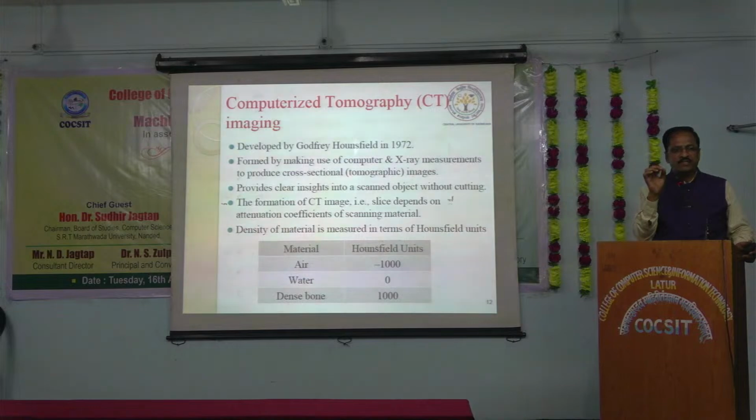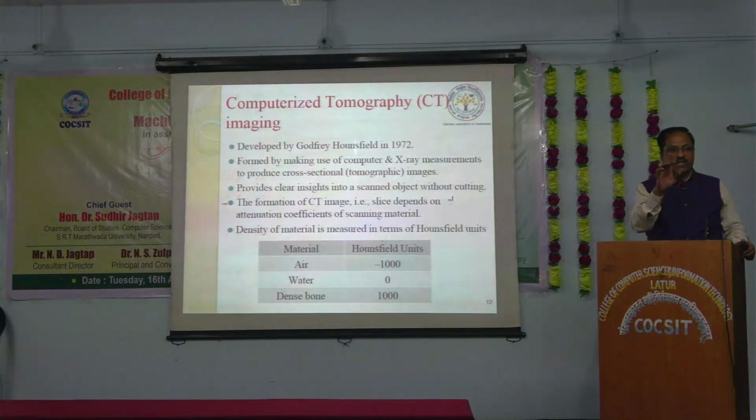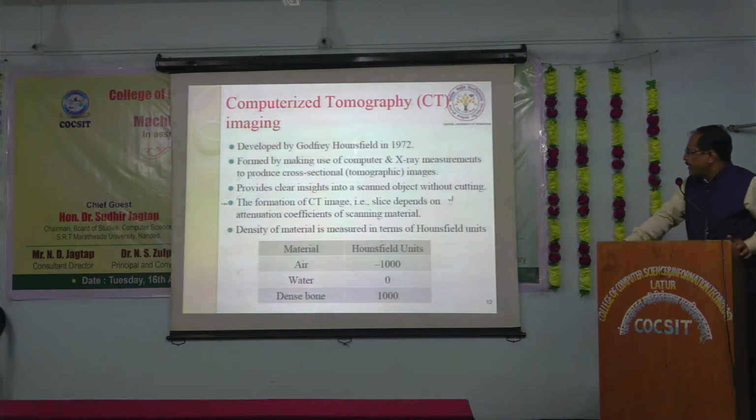Suppose there is any defect in any part of a bone, we can see it in that particular slice, and we can analyze it in more detail. But an X-ray takes only one image, while a CT scan takes multiple images. That is the difference.